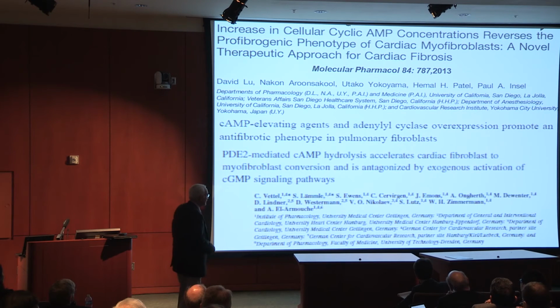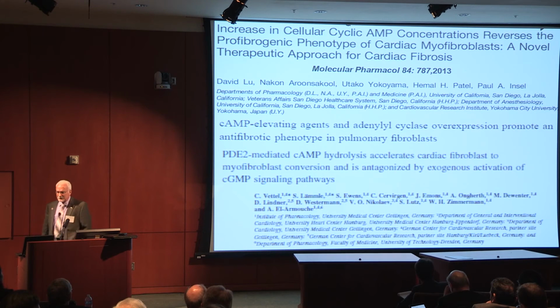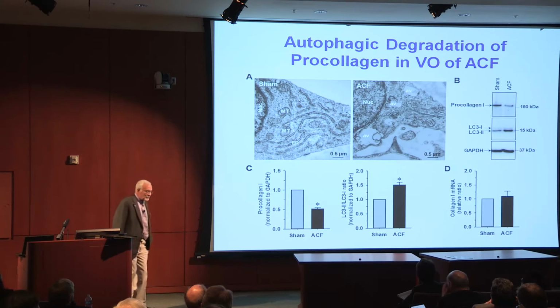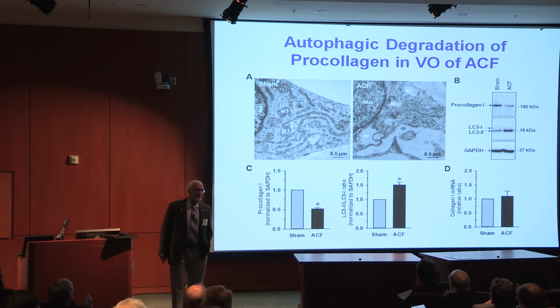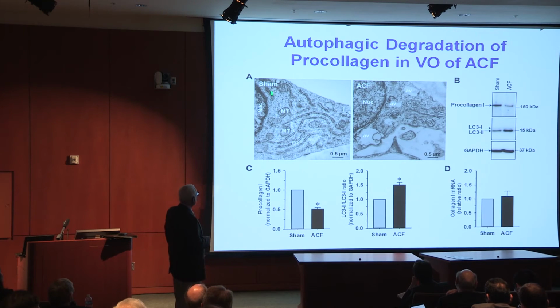So, as you can see, the increased adrenergic drive probably has something to do with the antifibrotic state. And in addition, it turns on autophagy within the cardiac fibroblasts. So as you can see here, a normal cardiac fibroblast by transmission electron microscopy, and here is a fibroblast taken from a 12-week ACF animal.